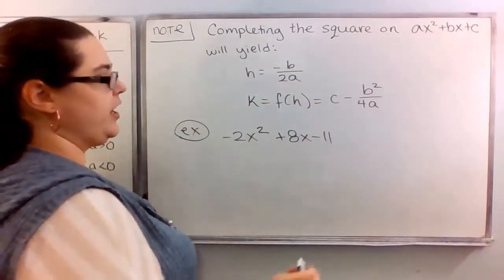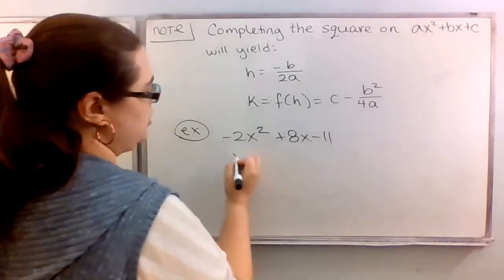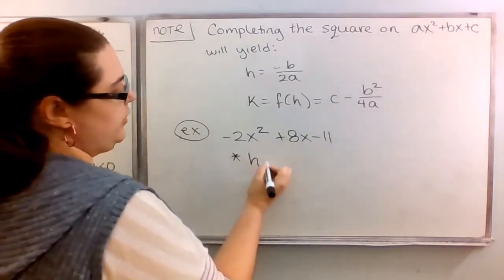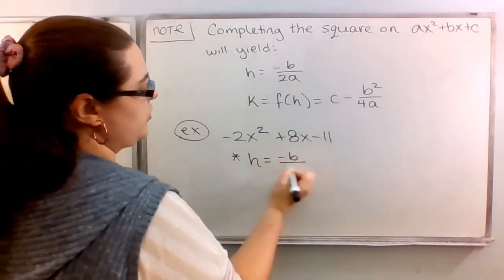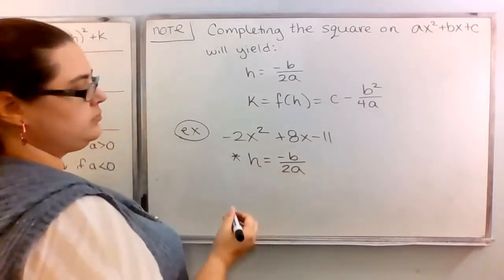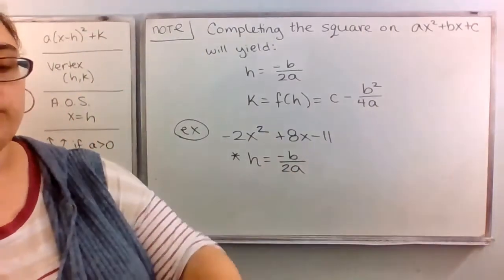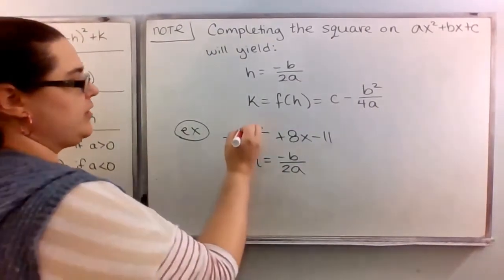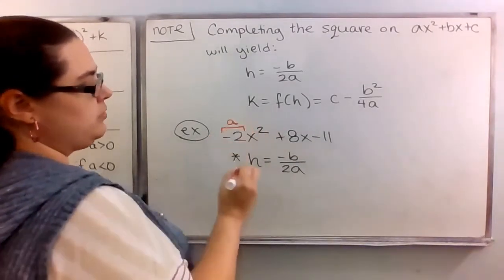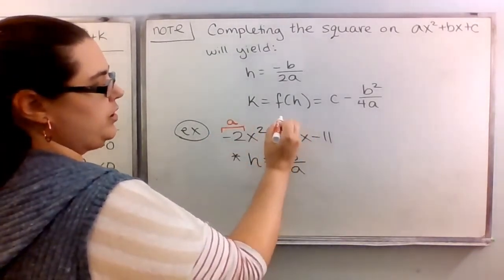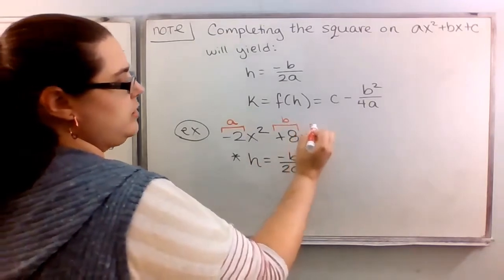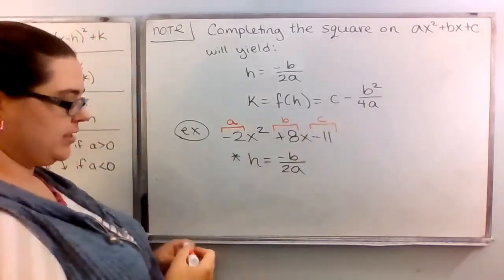So first I'm going to find h. So h is negative b over 2a. So a is negative 2, b is 8, and c is negative 11.